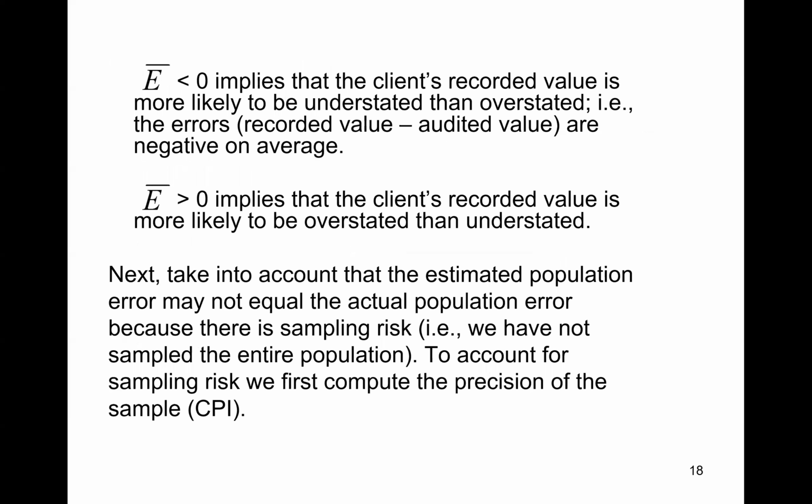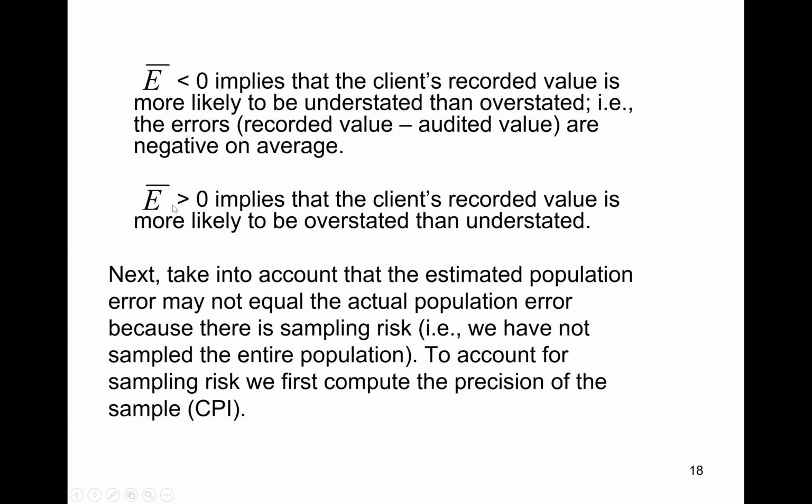Then the next thing to do is to consider sampling risk. But before you do that, it's worth taking note of the sign of E bar, all right? Because that's telling you whether the client's recorded value is overstated or understated. So if E bar is negative, that means the client's recorded value is more likely to be understated than overstated. In other words, within your sample, on average, the errors are negative, that is, the recorded value is less than the audited value.